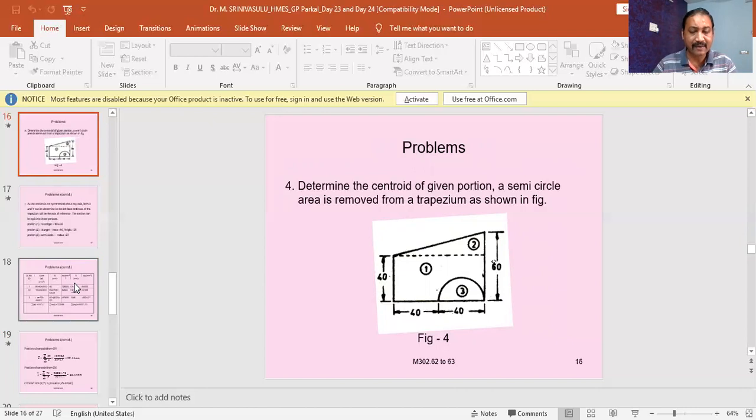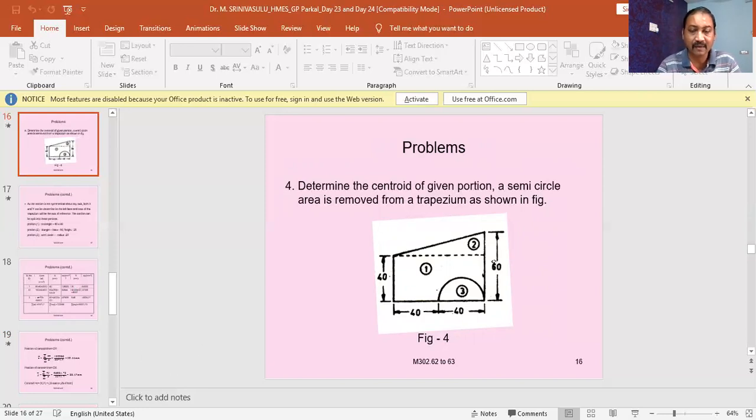So first of all we have to divide the given figure into three standard areas: rectangle 1, triangle 2, and semicircle 3. Rectangle 1 has a base width of 80 millimeters and a height of 40 mm.